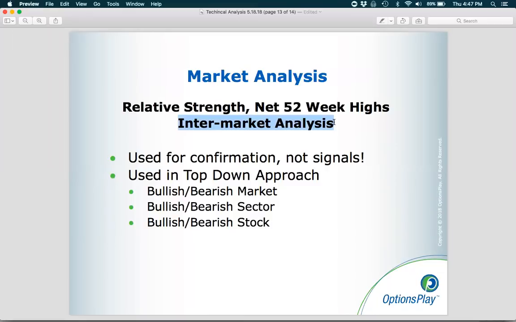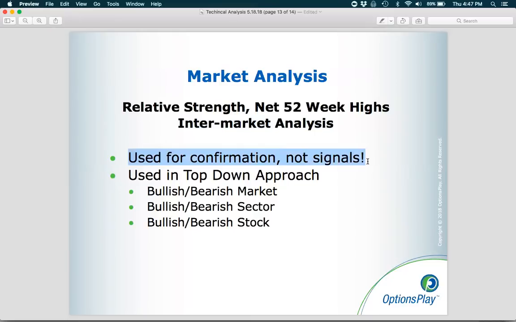It's really important to understand that these types of analysis are used for confirmation only, and should not be used as signals. So when lots of stocks are hitting new 52-week highs, that's just a confirmation that if you're bullish on a stock, it might be a good market condition to enter a bullish trade, and not a good condition to enter a bearish trade.